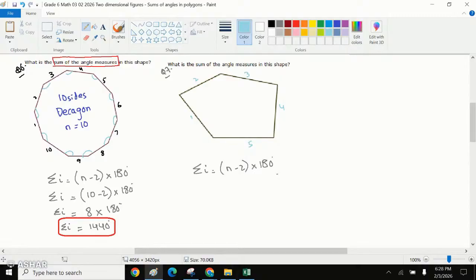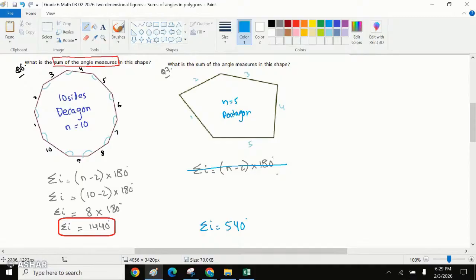If n was 5, this was a pentagon. That becomes 3. That means 5 minus 2 is 3. We are not writing anything up till now. And 3 into 180, just put 3 multiplied by 180 into the calculator and you get the final answer. That means the sum of interior angles would come out to be 540 without doing these steps.